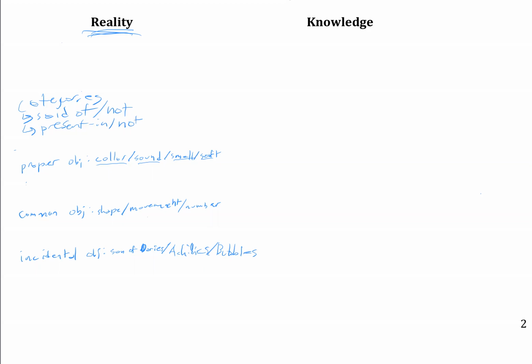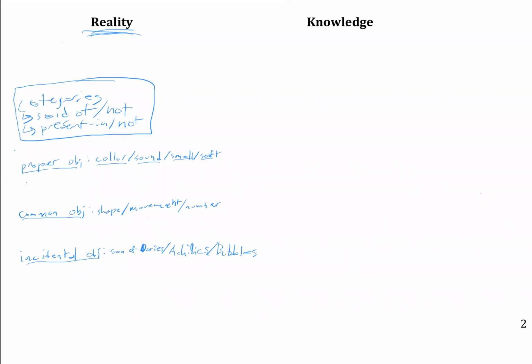Now I ask you, what are the proper objects of sense, what are the common objects of sense, and what are the incidental objects of sense, using this set of distinctions from the categories? Are the proper objects of sense said of or not said of? Are they present in or not present in? Are the common objects said of? And similarly, are incidental objects present in or not present in?